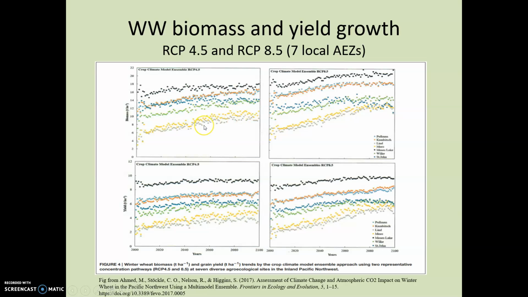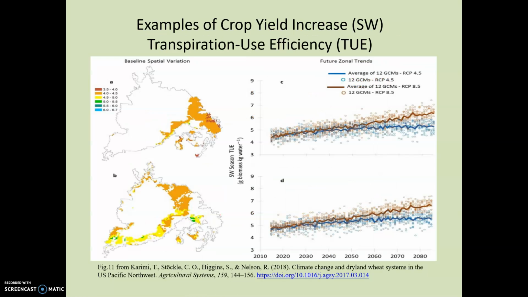You'll notice the gains are just much larger and faster in the drier areas. So 4.5 is on the left, 8.5 scenarios on the right. Higher gains with the higher emission scenarios: more carbon produced, more carbon for those wheat plants to soak up.